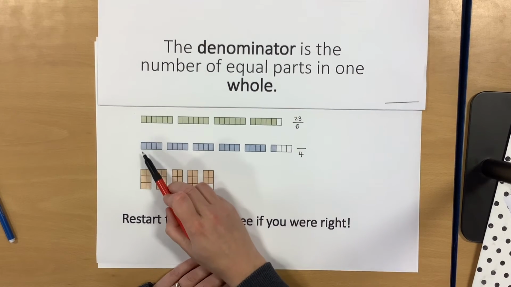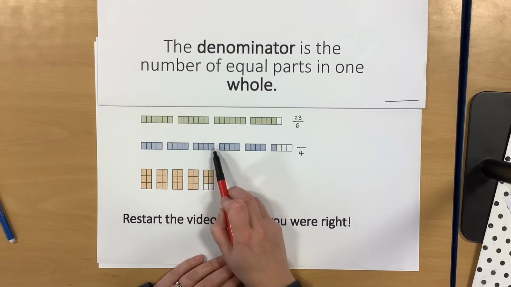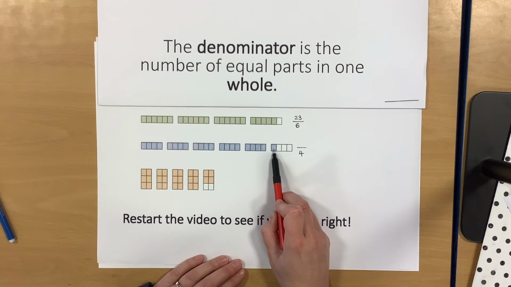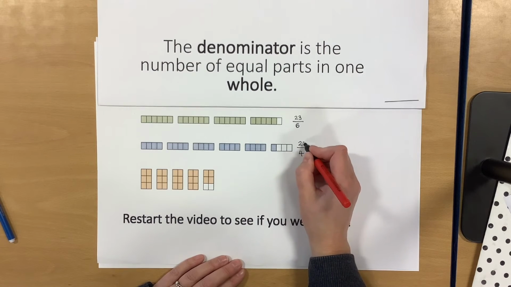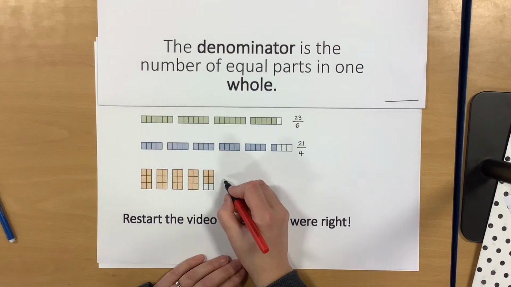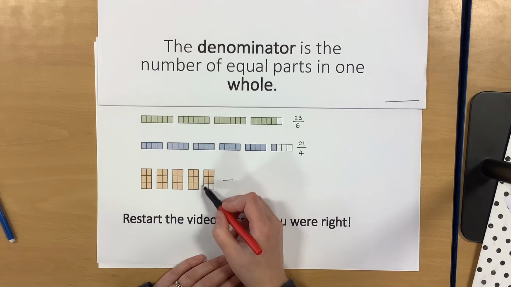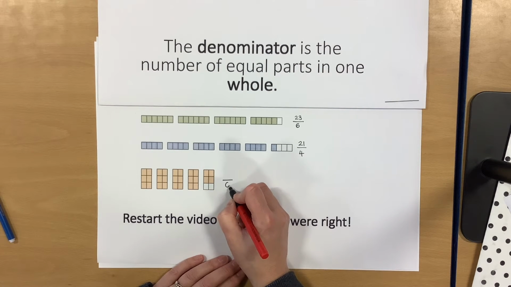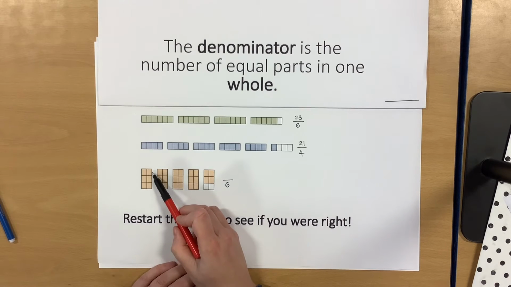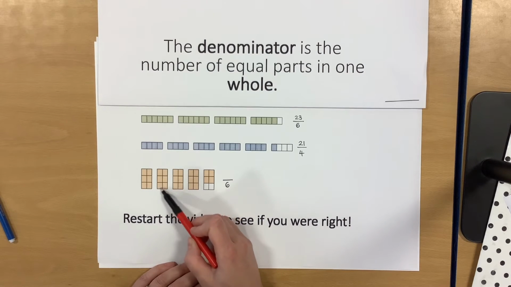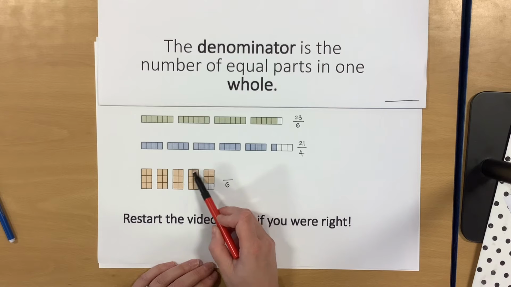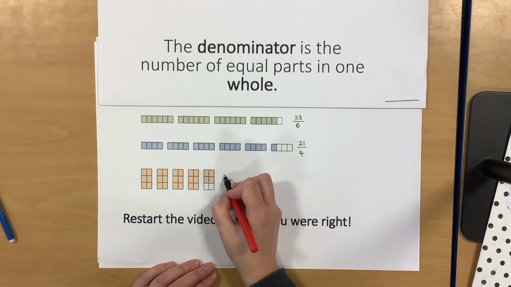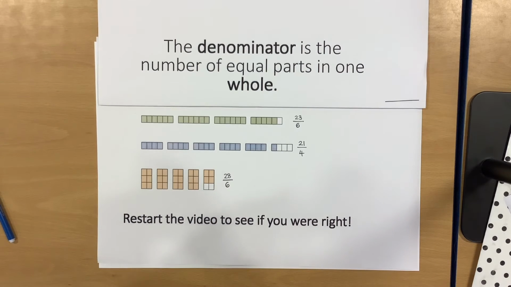And I've got 4, 8, 12, 16, 20, and one more, 21 quarters. Last one, this time there are 6 equal parts in one whole, so our denominator is 6. And I've got 6, 12, 18, 24, 25, 26, 27, 28 sixths. Hopefully you got those right.